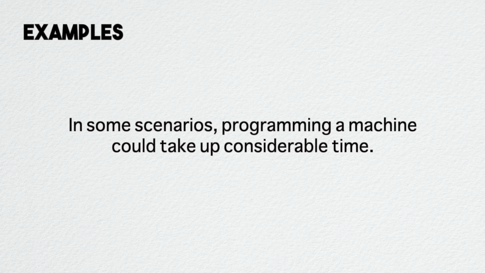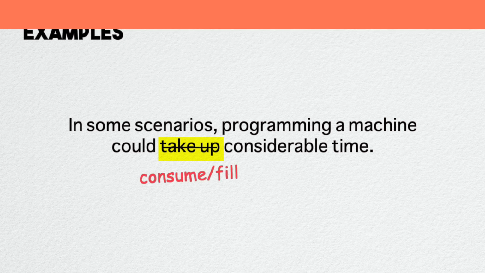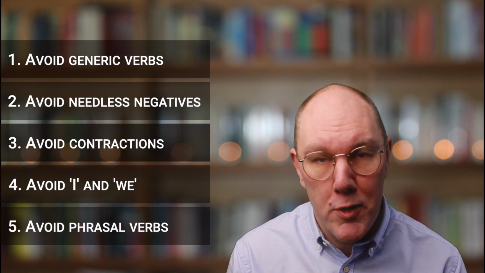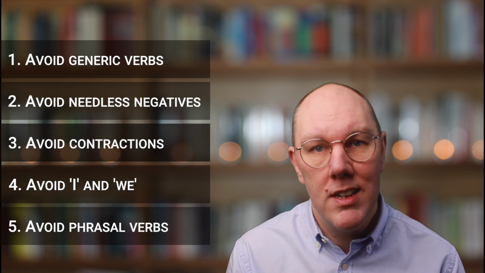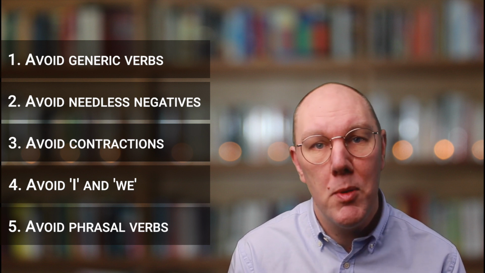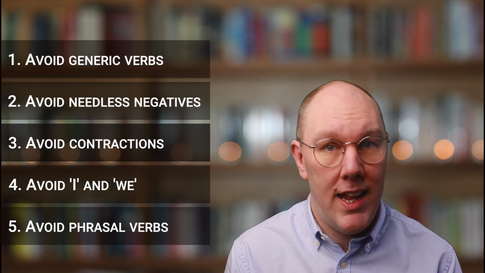In some scenarios, programming a machine could take up considerable time. So take up there is the phrasal verb, and we want to replace that with a single verb. So how about, in some scenarios, programming a machine could consume or could fill considerable time. So, rounding out the top 5 is avoid using phrasal verbs, the verb and the preposition. Just use a single verb, try to make it as precise as possible, and use that instead if you can.